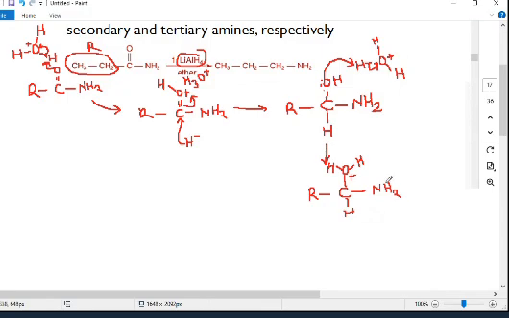So from here now, ladies and gentlemen, because this one is a good leaving group, the lone pair from this nitrogen forms a double bond, so as this becomes a good leaving group.